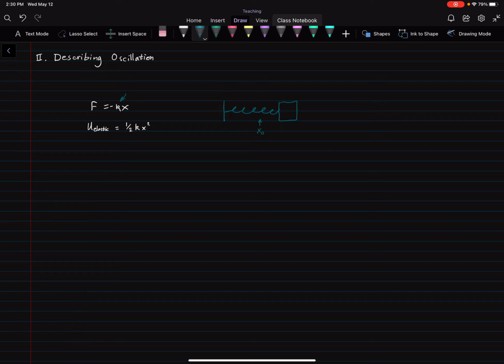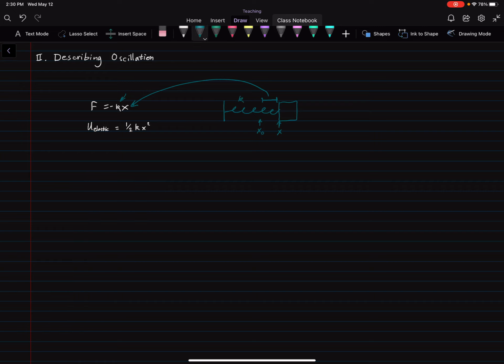If this is x naught, where it's naturally resting, you've displaced it to some amount x. Based on that displacement, you plug that in for x, and the spring has some spring constant that depends on the material it's made out of.